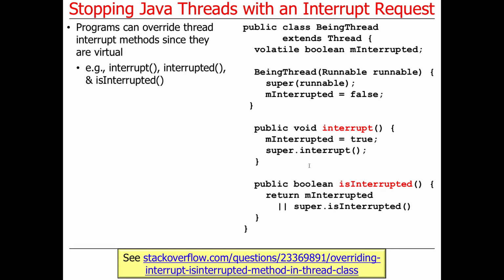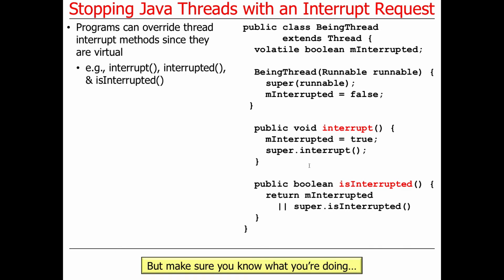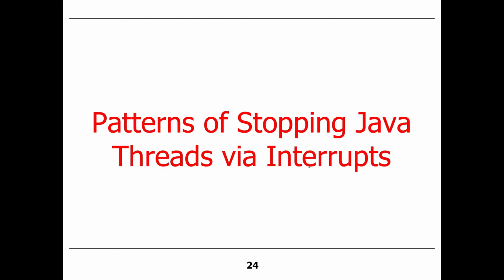And there were various reasons for doing that, which we didn't have to worry about for the way that we did it this time. So it is possible to do this. However, you need to be very, very careful when you do this. Take a look at this Stack Overflow article for discussions about how to do it. But you really have to know what you're doing. It's kind of getting yourself into big trouble if you don't.